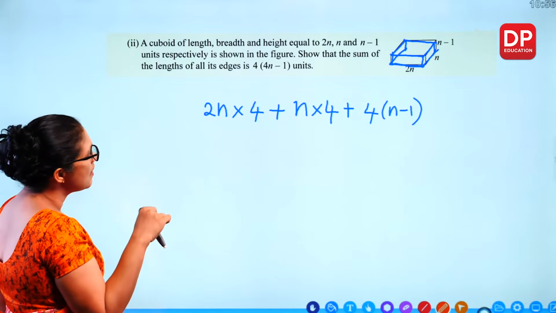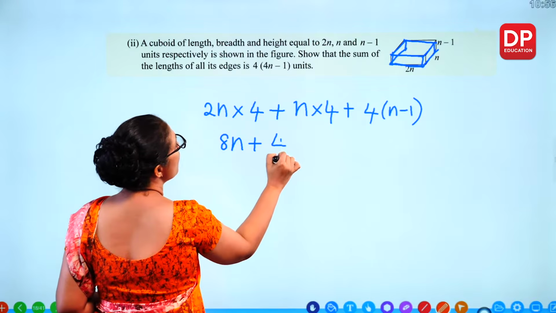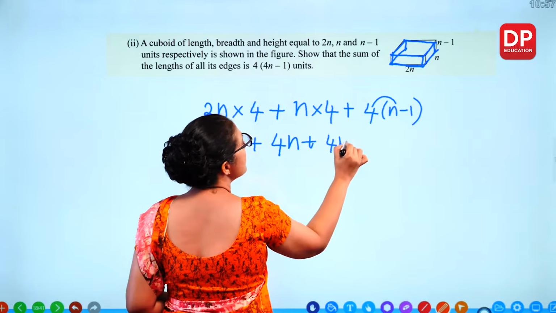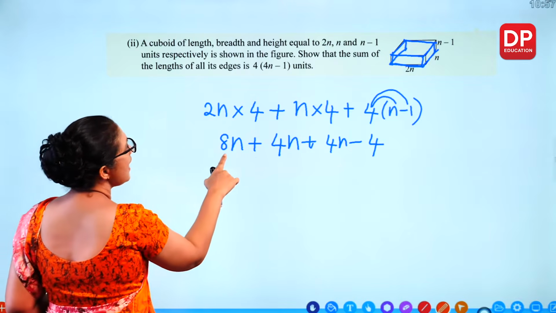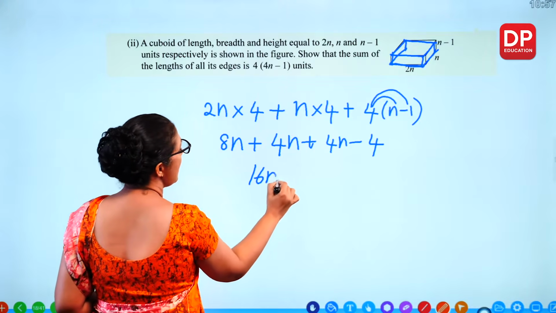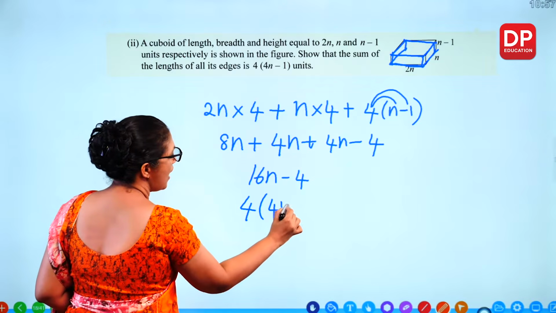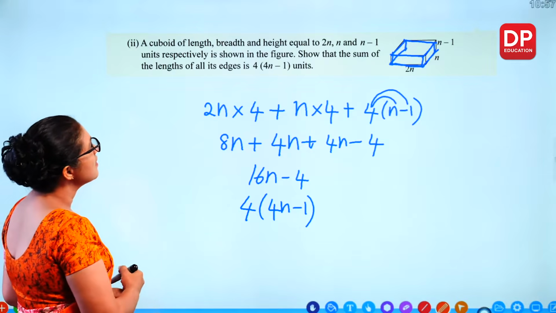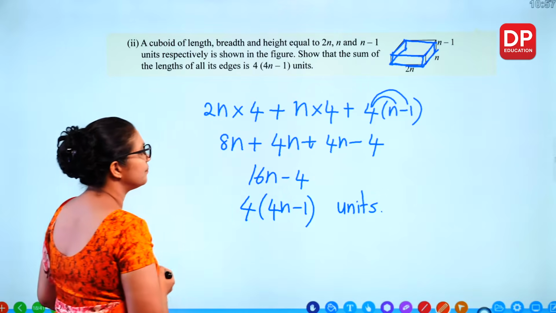Now we'll simplify. 4 times 2n, 8n. Here you get 4n. 4 times n, 4n. And 4 times minus 1, minus 4. 8n and 4n, 12n. 12n plus 4n, 16n. 16n and minus 4. You can take 4 out and write 4 times (4n minus 1). So you are getting this as the answer. So this is units because this is a length.